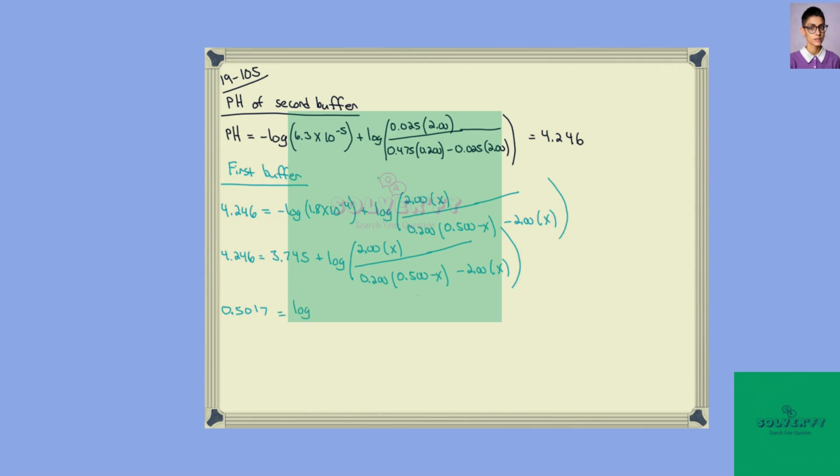Then I can move this over, and I'll get 0.5017. And then to get rid of the log, I need to take the anti-log of both sides, base 10, and that is just 10 to the, so 10 to the 0.5017 is 3.1746, and then 10 to this whole ratio is just the ratio.